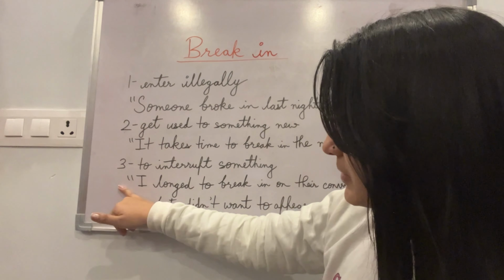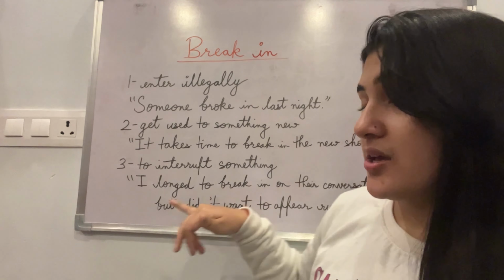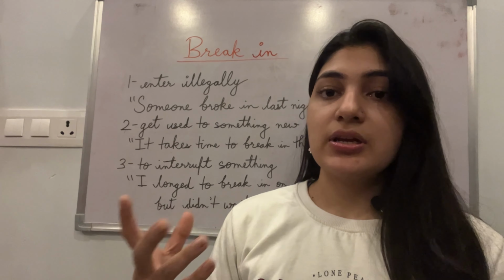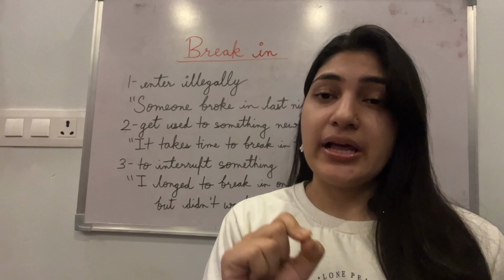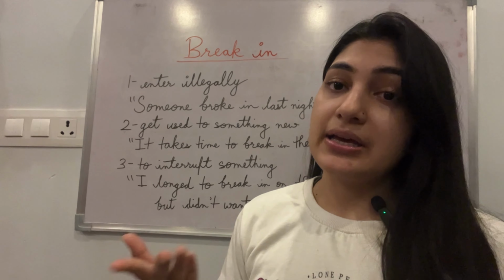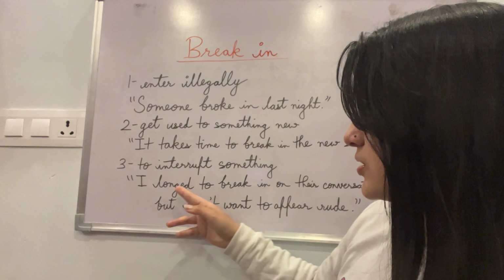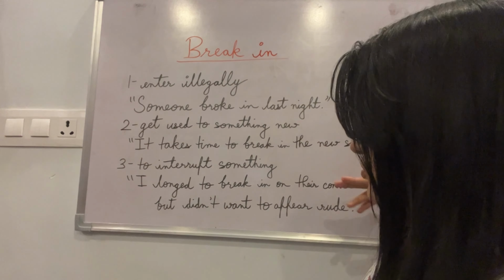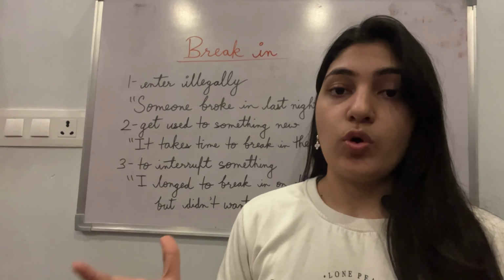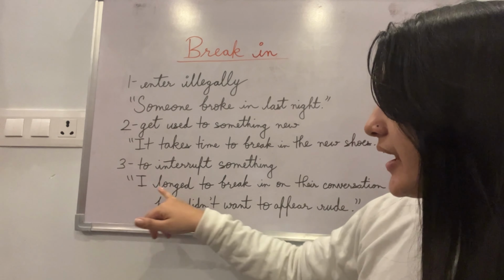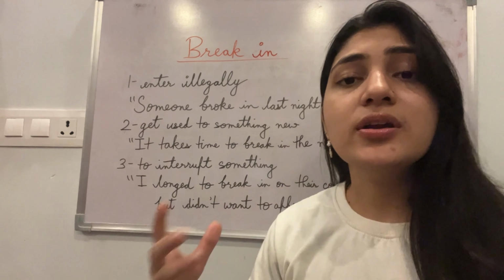Next, the third meaning, that is to interrupt something. When you wish to interrupt someone, instead of saying the word interrupt, try to be natural and replace it with break in. For instance, I longed to break in on their conversation. What does longed mean? Longed means to want something. I longed to break in means I wanted to break in.